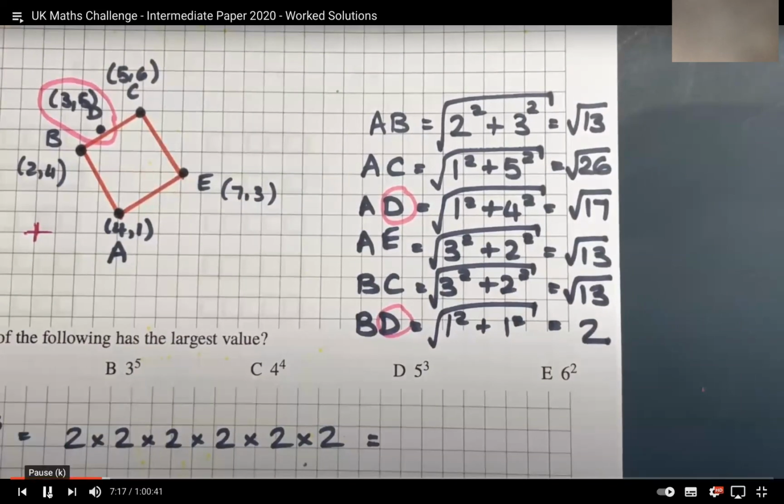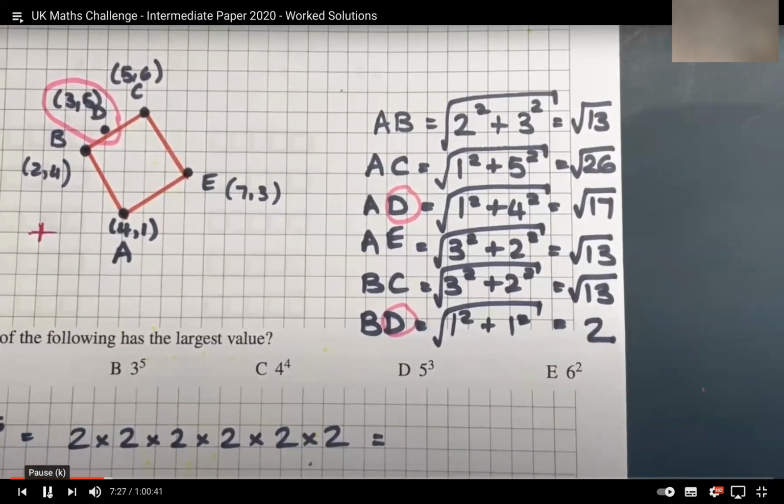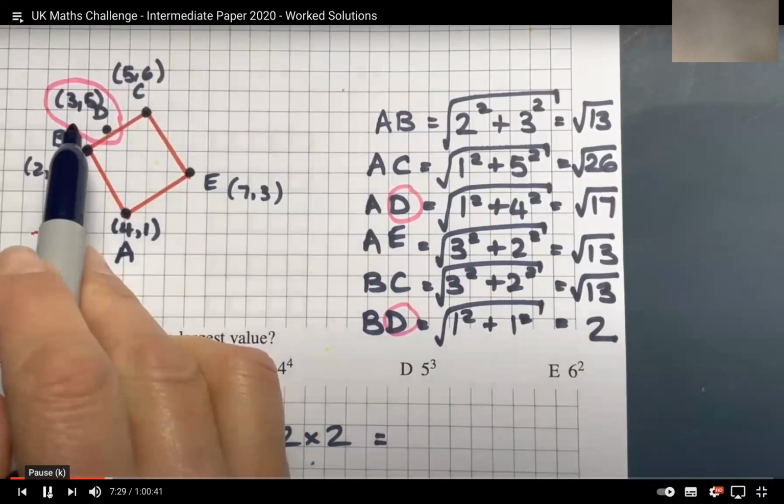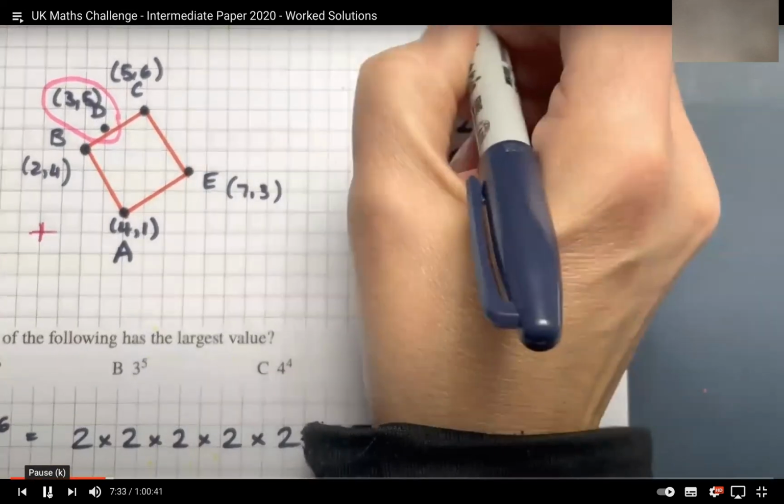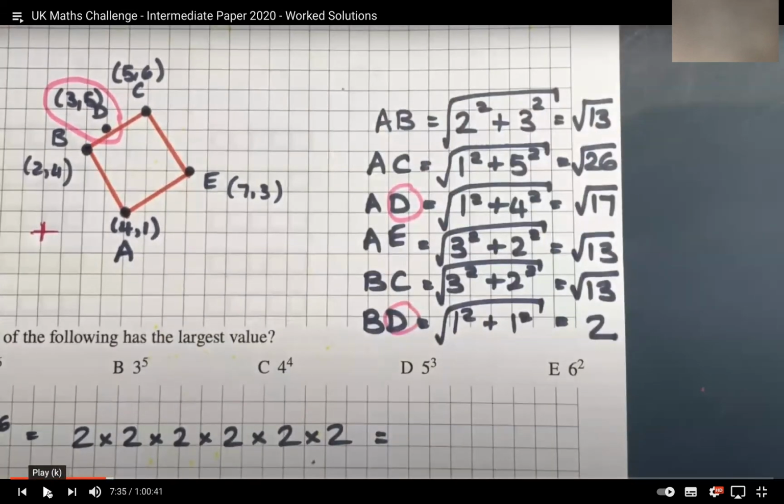So the answer to question 5, just put my pen down, is, of course, 3, 5 being the odd one out, which is D. Let me just add in there, apologies, there should be a square root sign there, so sorry about that.